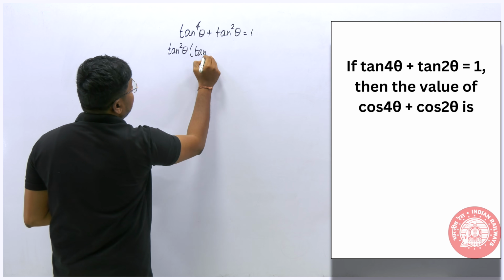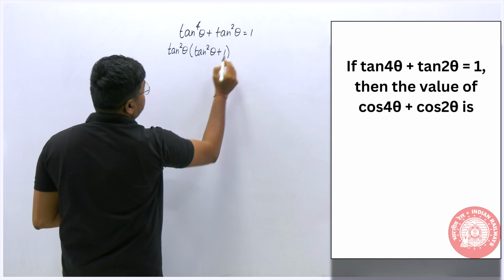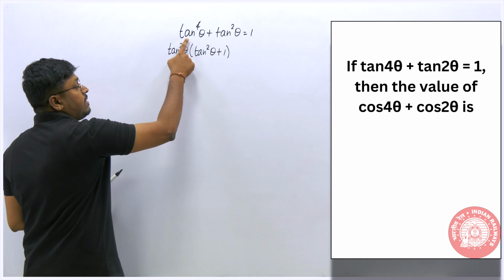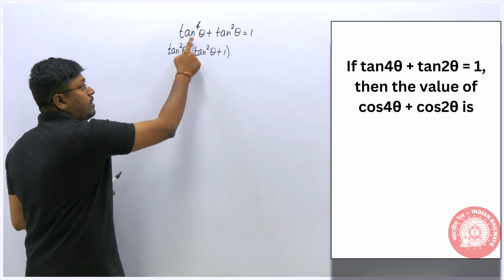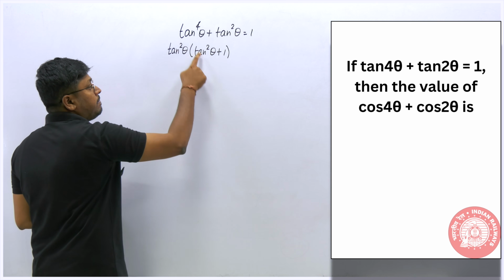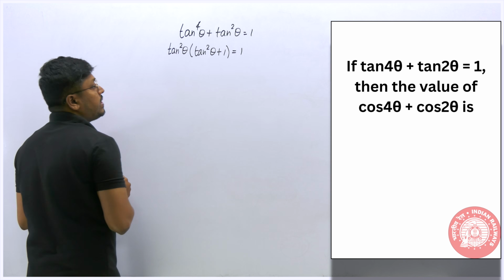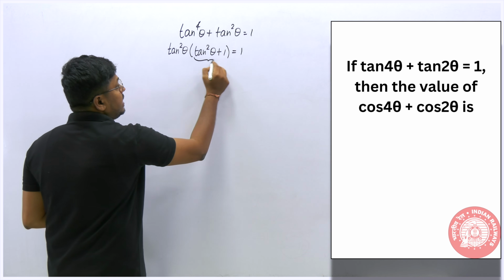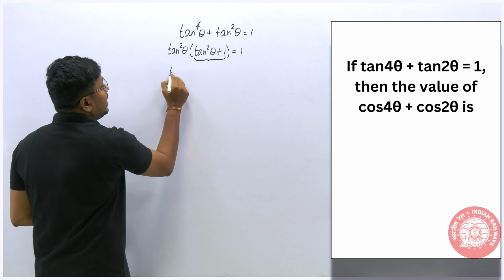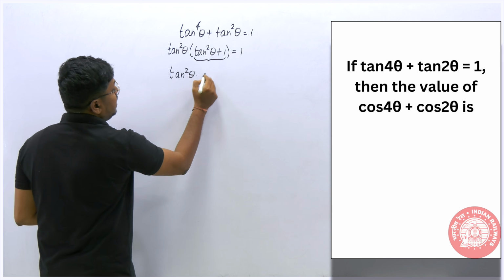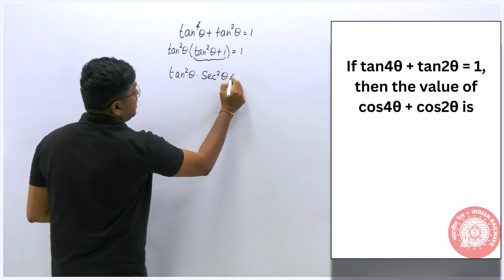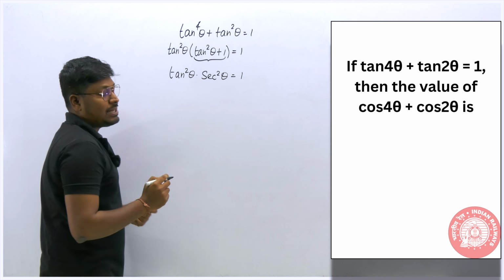So the resultant will be tan square theta plus 1. Understood or not, right? When we take tan square theta common from both the terms, the remaining will be tan square theta plus 1, which is equal to 1 according to the question. Now tan square theta plus 1 will be secant square theta. So tan square theta into secant square theta is equal to 1, because 1 plus tan square theta is secant square theta.